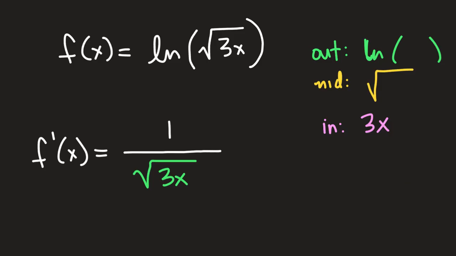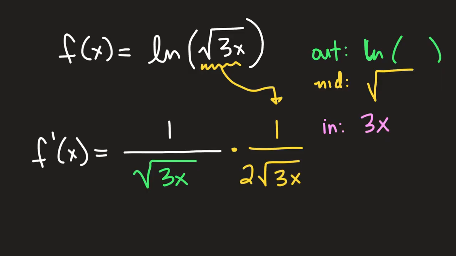That's the derivative of our natural log. Times, what's the derivative of our square root? That's 1 over 2 times the square root of whatever is underneath your radical there. Okay? So this is our square root of 3x derivative. And then our last one, what's the derivative of 3x? Right? That's just 3. Okay?